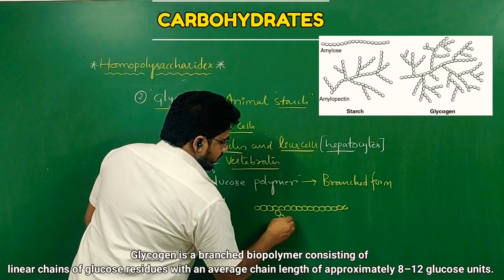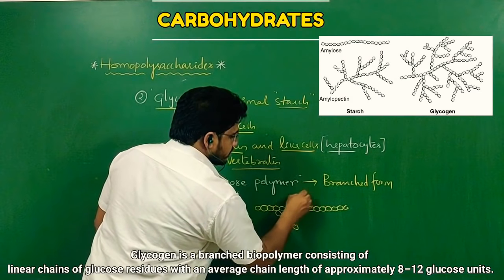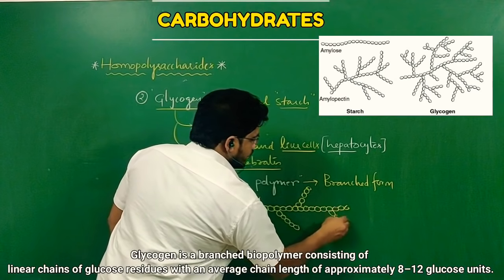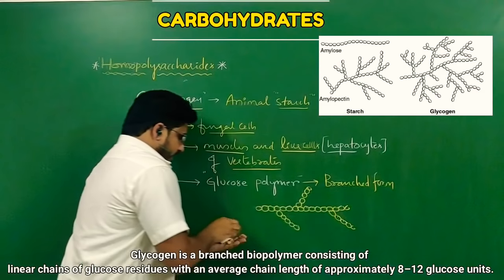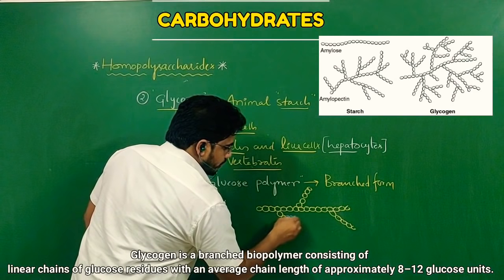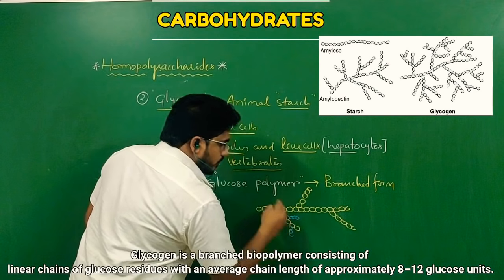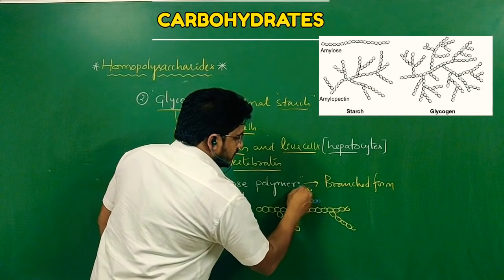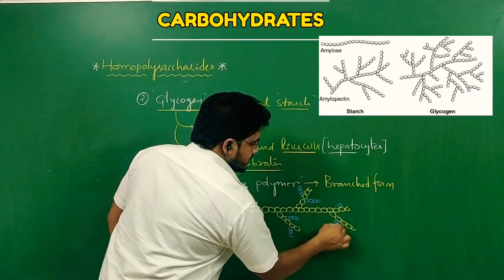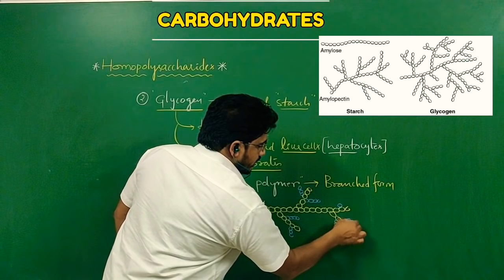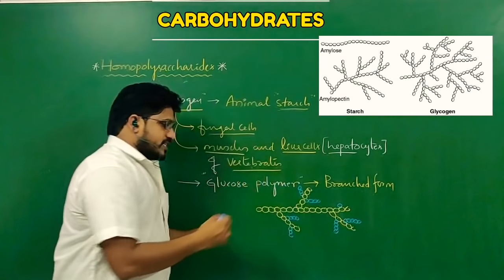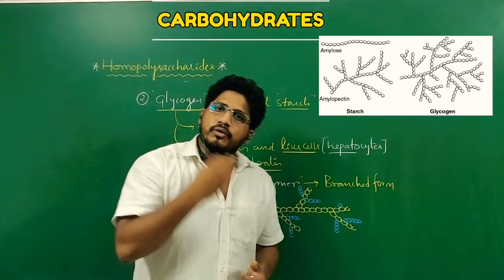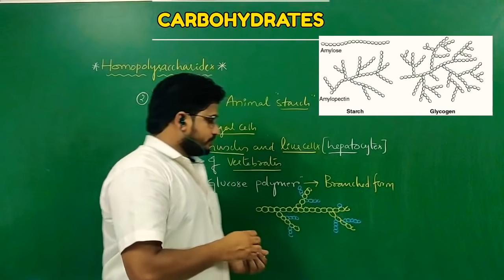Compared to amylopectin, this is more complex. Sub-branches also exist. You can observe here now. Amylopectin has only branches, but glycogen has sub-branches. Due to the presence of sub-branches, it gives much more compaction compared to both amylose and amylopectin.